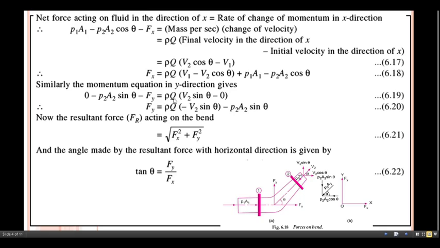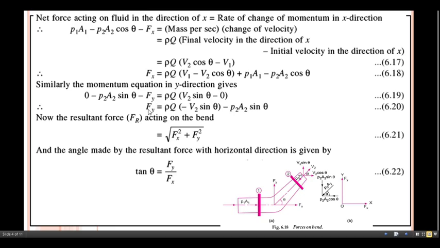Again you have to equate this with mass per second multiplied by change in velocity. So what about the change in velocity? The change in velocity in this case is the final velocity component along the y direction minus the initial component of the velocity along the y direction. The component of the velocity along the y direction is V2 sin θ. So that's why V2 sin θ is written, minus the initial component in the vertical direction, which is 0. That's why the 0 is written here.